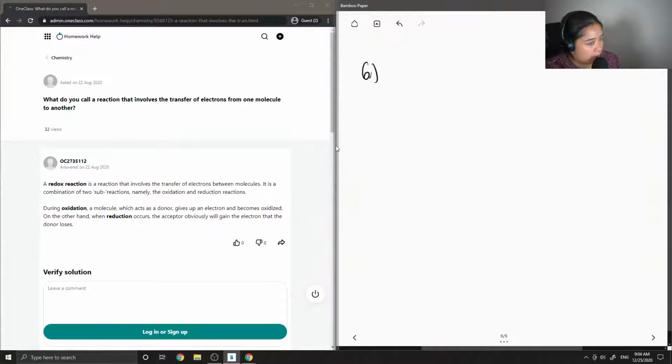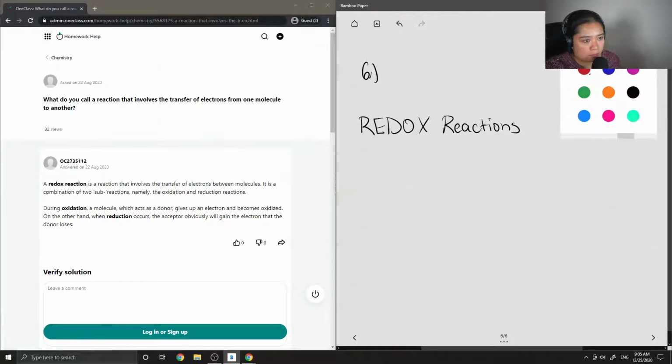Okay, so question 6. What do you call a reaction that involves the transfer of electrons from one molecule to another? So these are called redox reactions. So this involves half reactions.